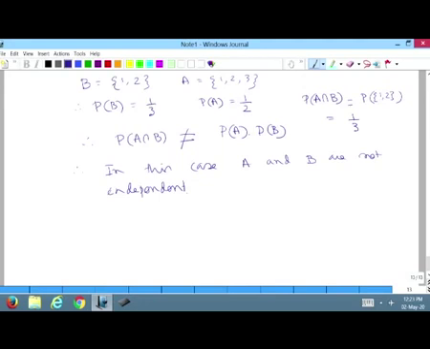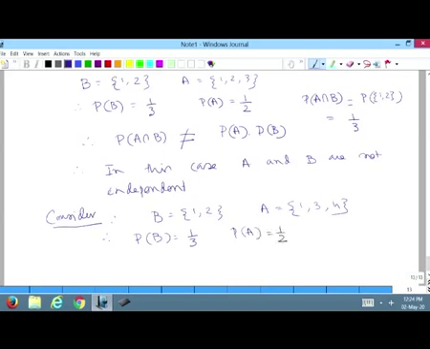But consider B = {1, 2}, A = {1, 3, 4}. Therefore, the probability of B, as before, is 1/3, the probability of A is equal to half, and the probability of A intersection B is equal to the probability of singleton {1}, which is equal to 1/6.